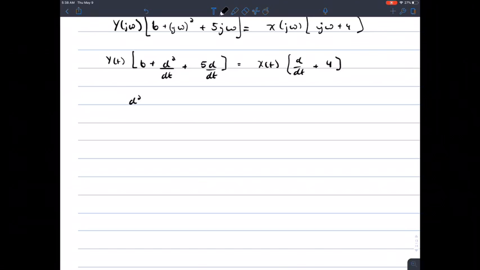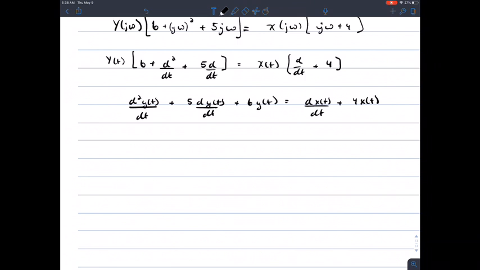So we're going to have d squared y of t over dt squared plus 5 dy of t dt plus 6 y of t is going to be equal to dx of t dt plus 4 x of t. And so that is going to be your differential equation for part A. Alright.